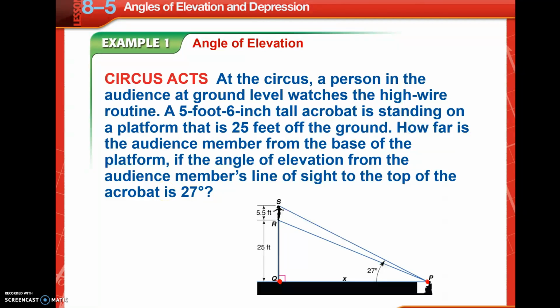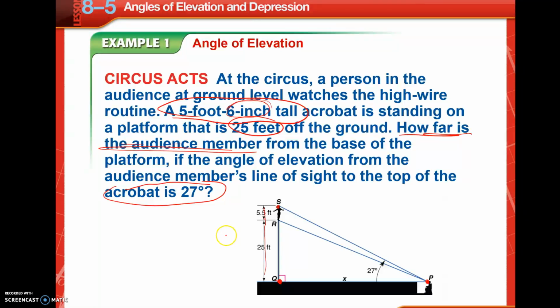When I'm looking at these, I want to make sure I think of all the important things. I know I'm looking for distance because of that "how far." And I want to make sure I have all of these numbers in there. Since the audience member is looking at the top of the head, we're going to do the 20 plus the 5.5, because 6 inches would be half a foot.